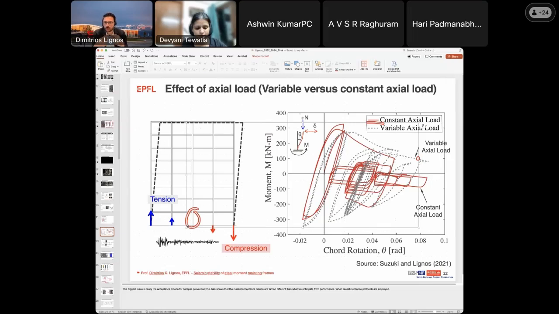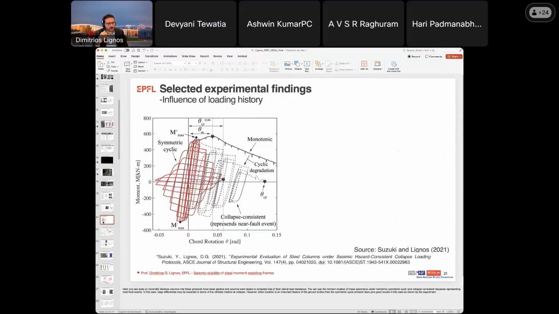And we proposed the load protocol where, in addition to the lateral drift, we vary in a certain way the axial load ratio as well. So this would be in one of the publications that I'm listing down below, but feel free to contact me and I can point you also to the paper.